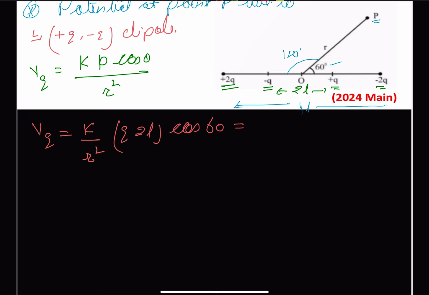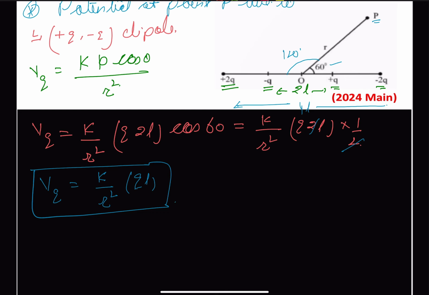Cos of 60 is 1 by 2. So we substitute the value, we get K upon R square, Q 2L, multiplied by 1 by 2. Here 1 by 2 and 1 by 2 cancel out. So we get the potential at P because of the dipole plus and minus Q as K upon R square and Q multiplied by L.